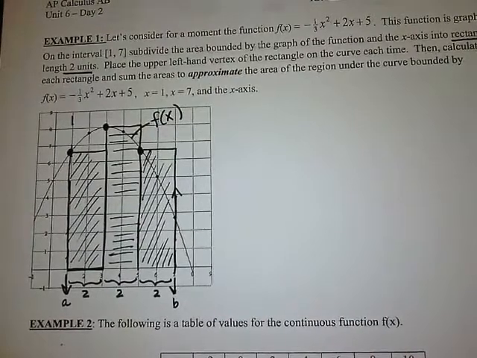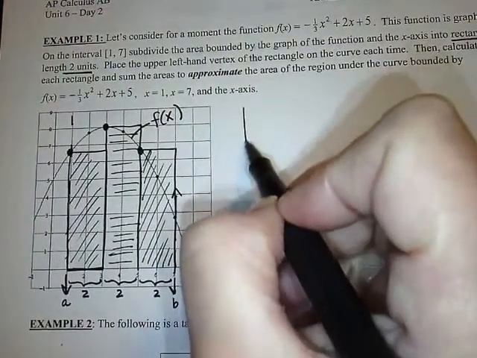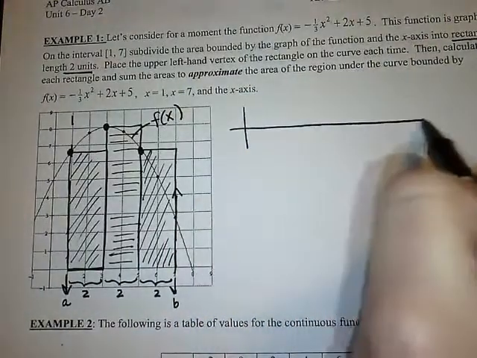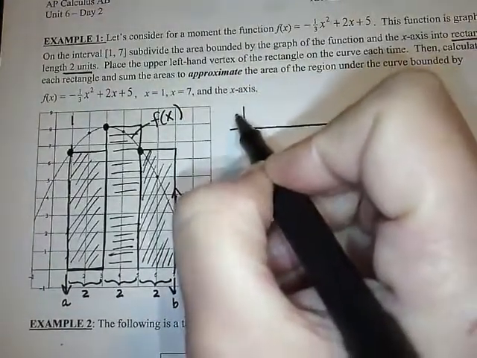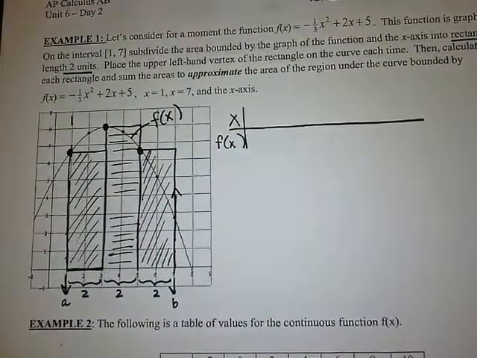Now I'm going to approximate the area of the region under the curve using these rectangles, using what they call a Riemann sum. Before I get started, I'm going to make a table. I'm going to have x, and then down here is going to be f of x.